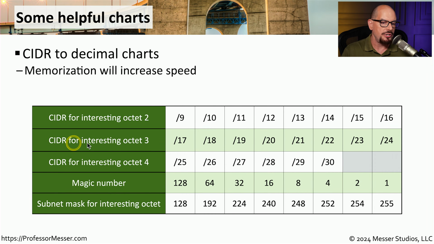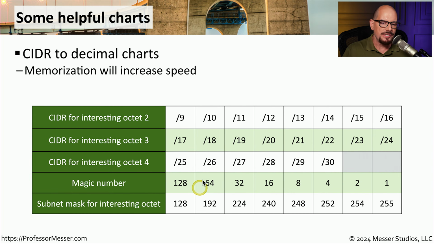The CIDR block notation for interesting octet 3 would be /17 through /24, and for interesting octet 4 it ranges from /25 to /30. You notice that we don't use /31 by default because it doesn't leave any room for any hosts on the subnet, and we don't use a /32 because that leaves 0 bits available for any hosts.